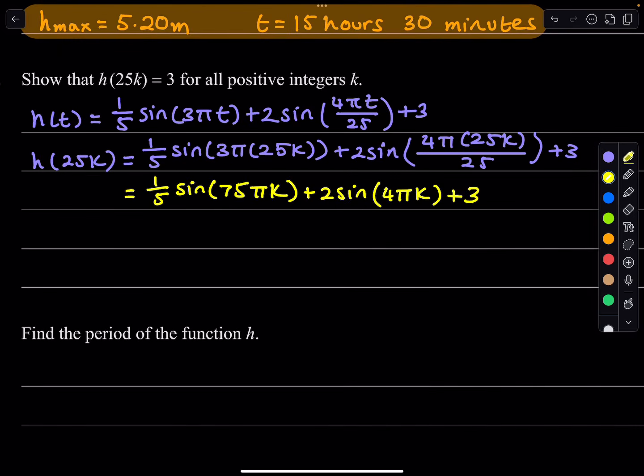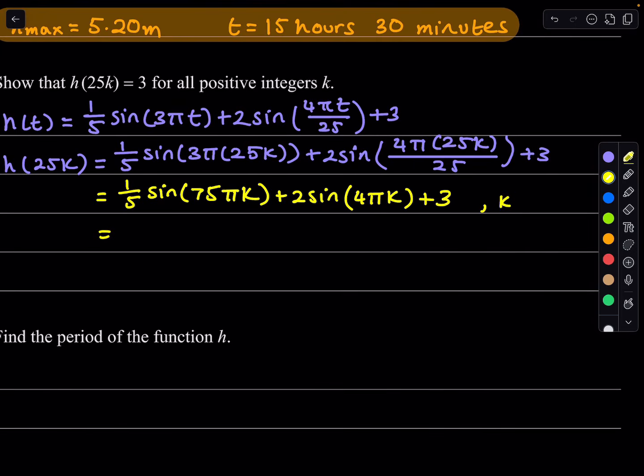Okay, first of all, think about it. We know that they say k is positive integers, so k is an element of the integers but positive. Positive integers means like 1, 2, 3. For example, if you sub in 1 into this, it'll be sine 75 pi, which we know is 0.